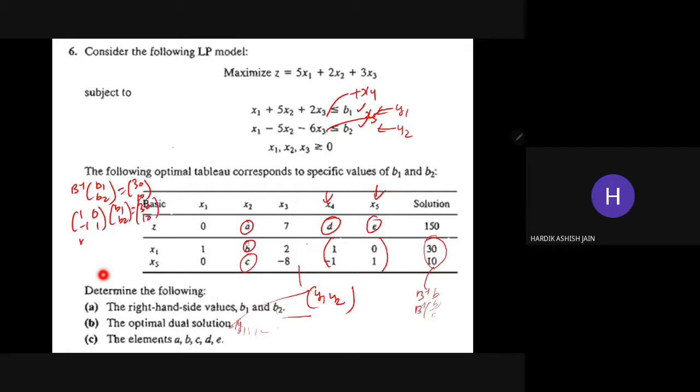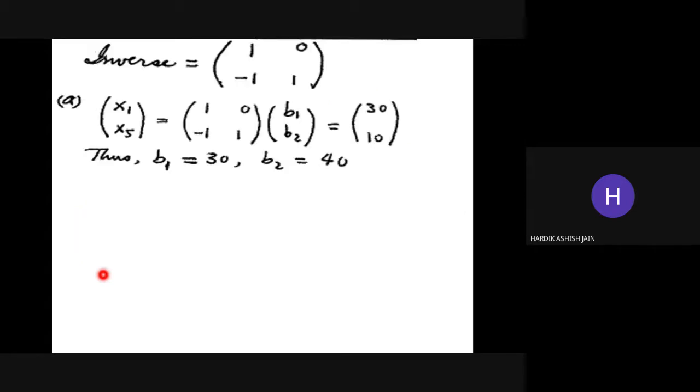So you will get b1 and b2 as the inverse of 1, minus 1, 0, 1 times 30 and 10. First we have to take the inverse of this. So you will get b1, b2 as 30 and 40. Clear?